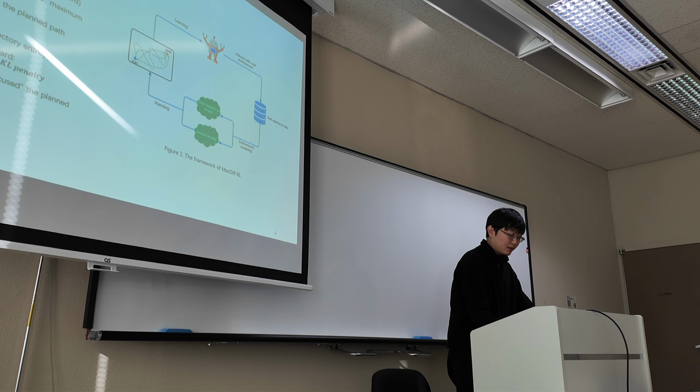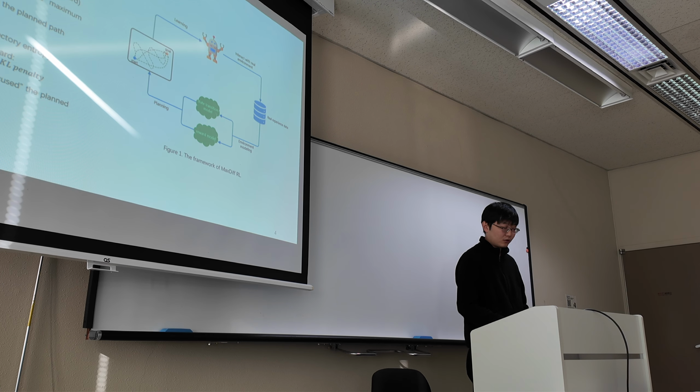And next, it uses a planning algorithm to find a state sequence with maximum path entropy and the highest total rewards. And finally, decisions are made based on this planned state sequence.